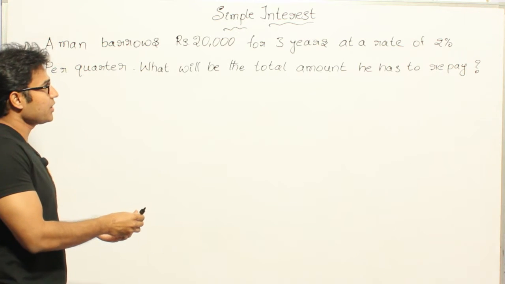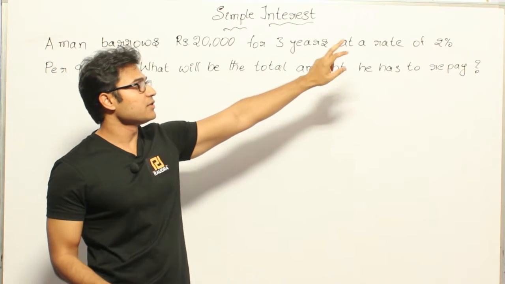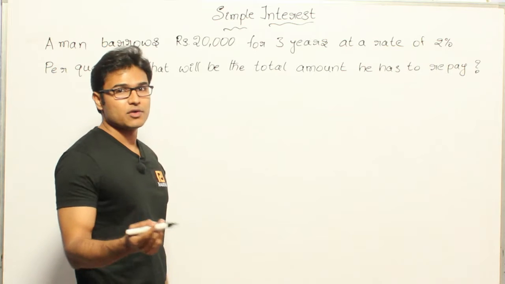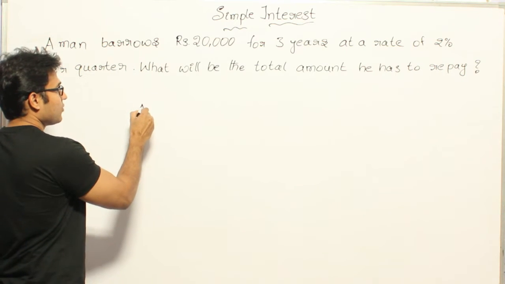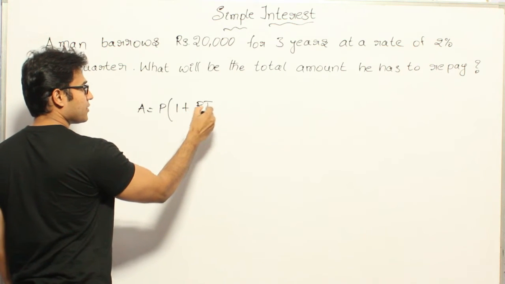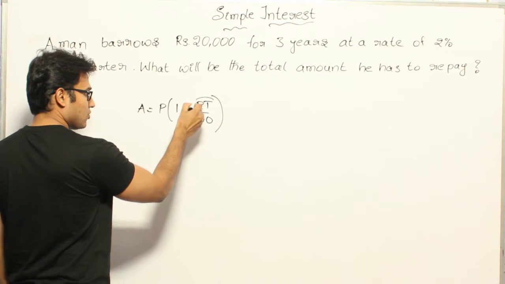So either convert the time into quarters, or convert the interest per annum and multiply with the years. So anyway you can do it. The only thing you have to remember here is, the final amount A equals P into 1 plus RT by 100. Now in this one you have to see what this RT will be.